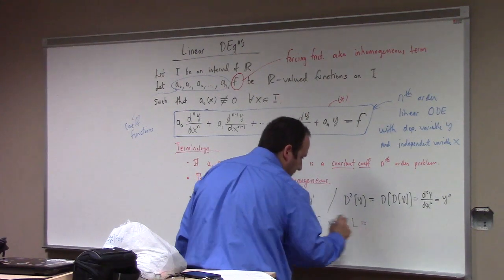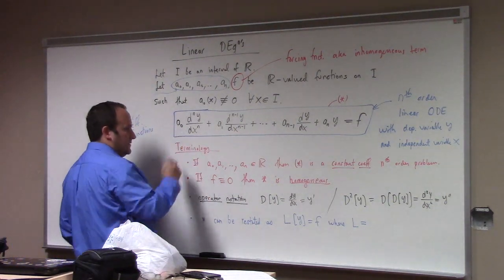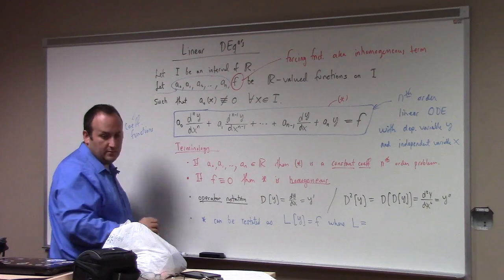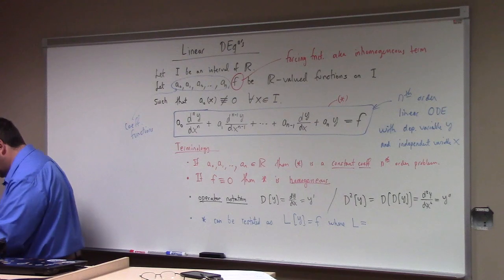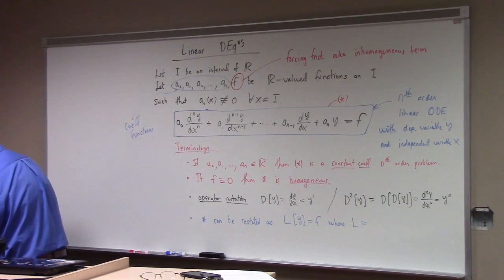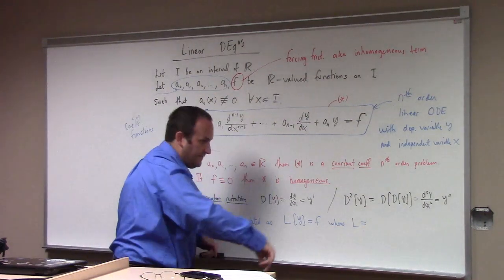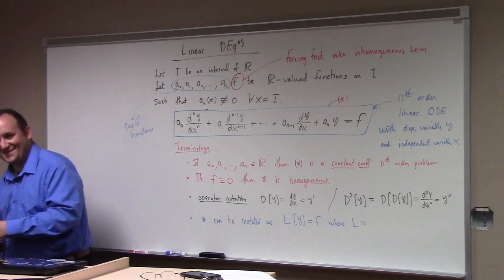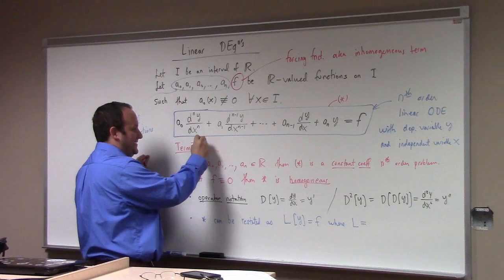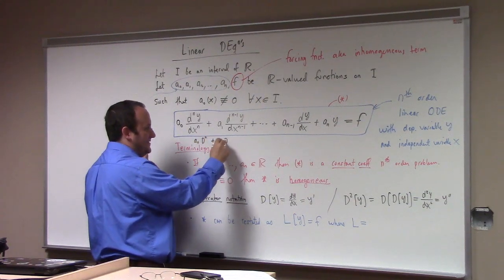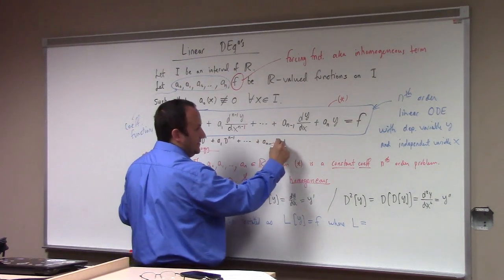L is equal to, what is L? If you look at this boxed equation, what you could do is pull out the y to the right and look at that whole thing as, say, a0 D to the n plus a1 D to the n minus 1 plus, plus a(n-1) D plus an.